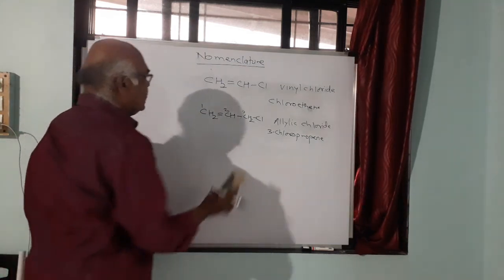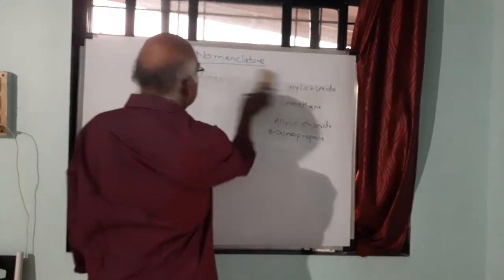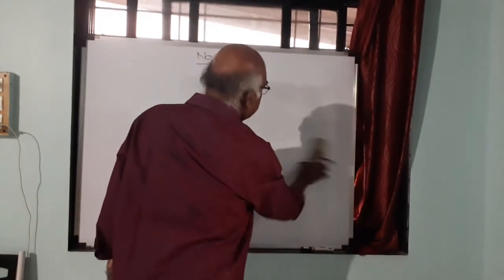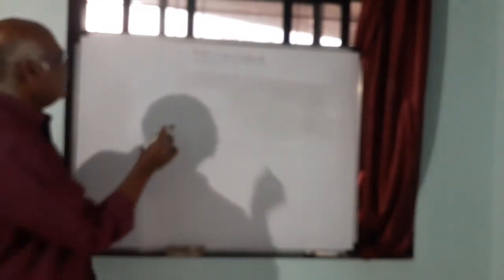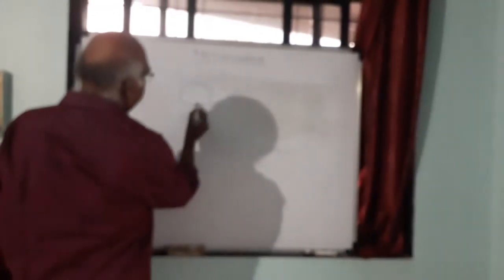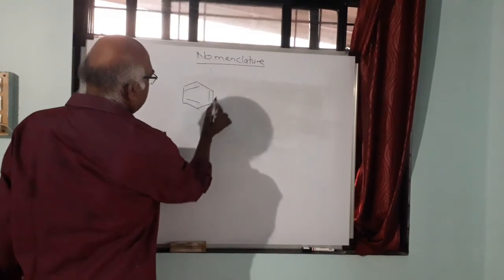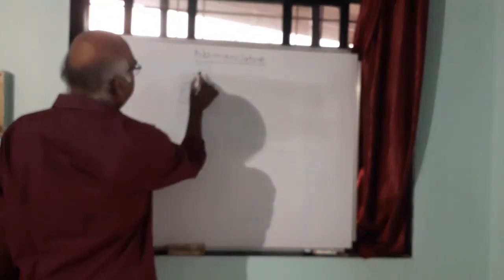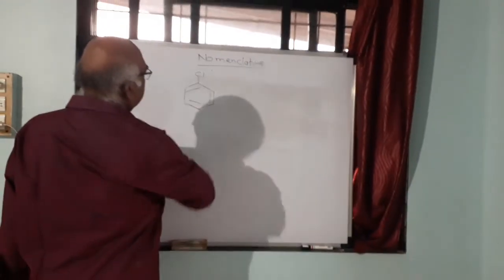Now we'll take the example of aromatic hydrocarbon, and in aromatic hydrocarbon we are going to take the example of this. I have written the benzene ring, and I have written the chlorine over here.